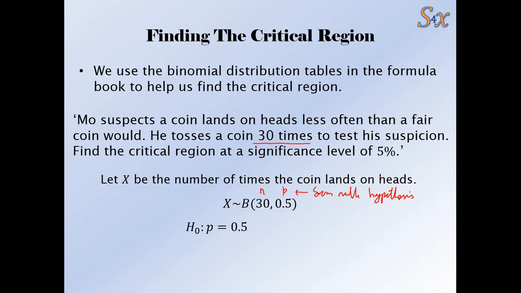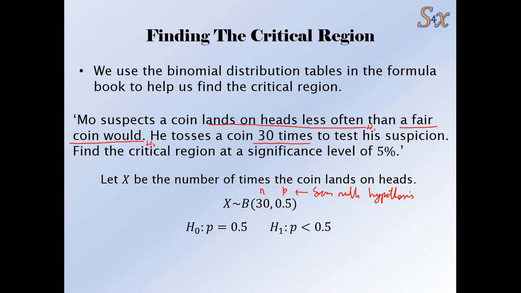We can now start writing down our hypotheses. So H0, the null hypothesis, is that the coin's fair. That's the original assumption. Our alternative hypothesis, H1, is that it lands on heads less often than a fair coin would.